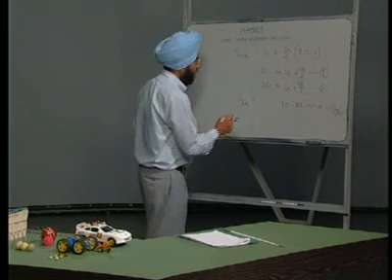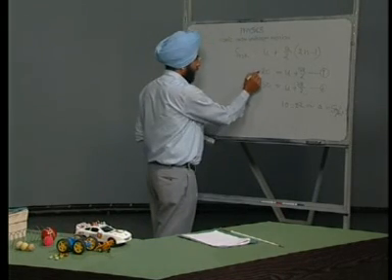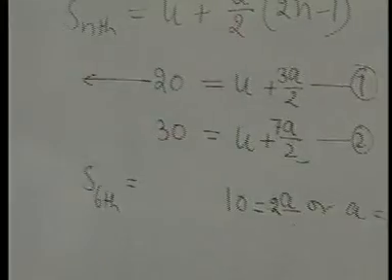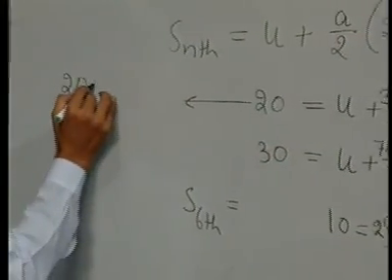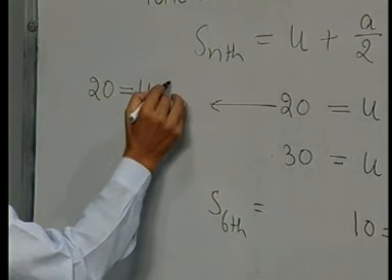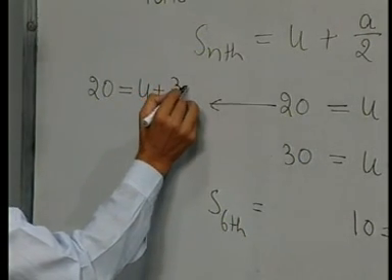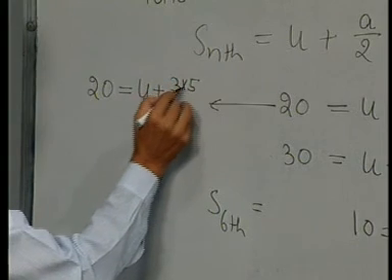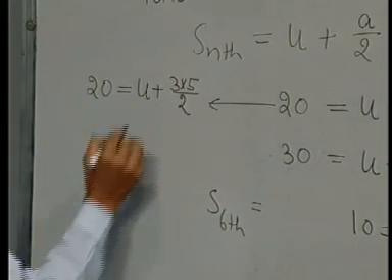Now, if we substitute this value of a in this equation, what do we get? 20 is equal to u plus 3 into 5 by 2.